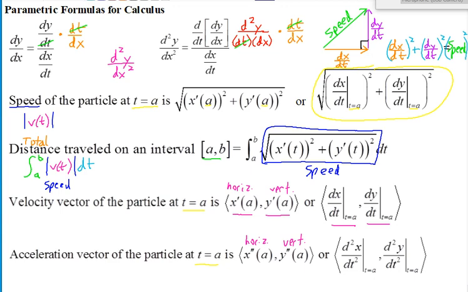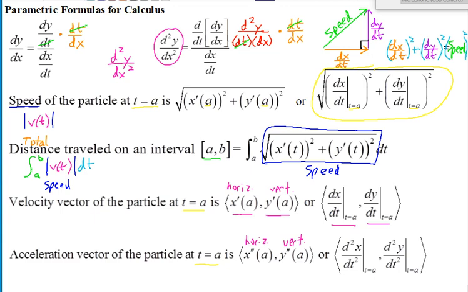Notice that's different from the second derivative here, d squared y over dx squared. Just like dy/dx is the slope of the tangent line, this would tell you the concavity of the graph, concave up or concave down. Versus these, which are isolated into just horizontal and vertical components, not putting them together, looking at them separately.